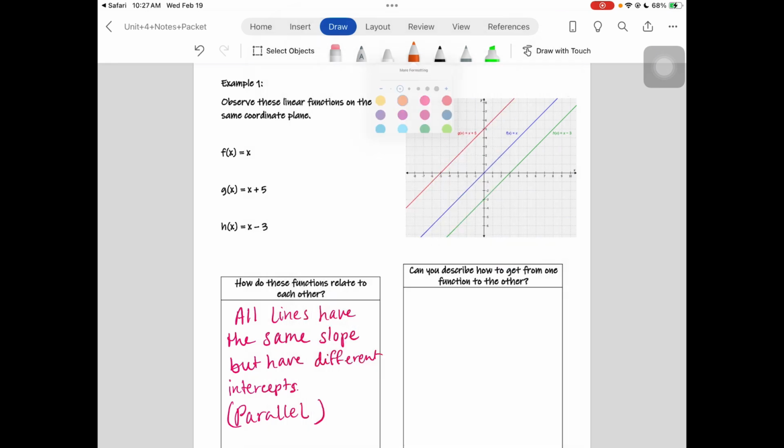So for example, if I wanted to move g of x to match up with f of x, I would shift down 1, 2, 3, 4, 5 spaces. All right, so to go from g of x to f of x, we'd have to shift g of x down 5 spaces.